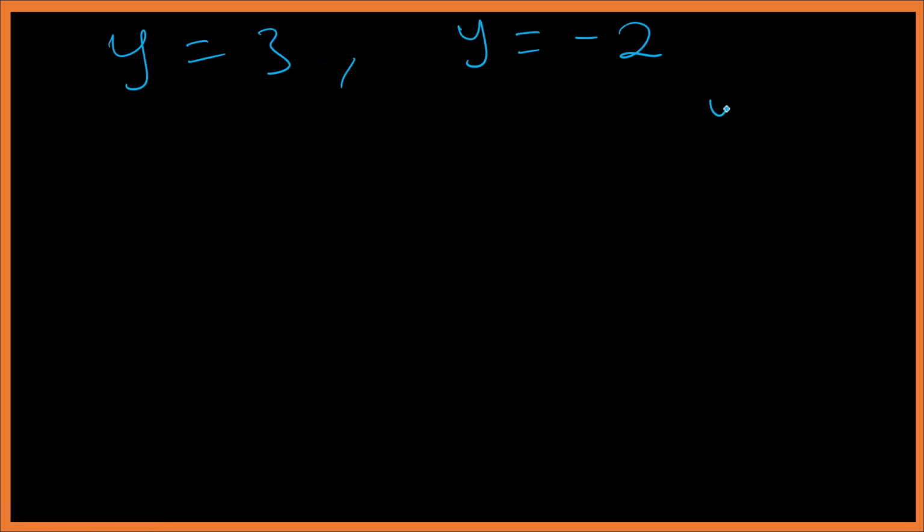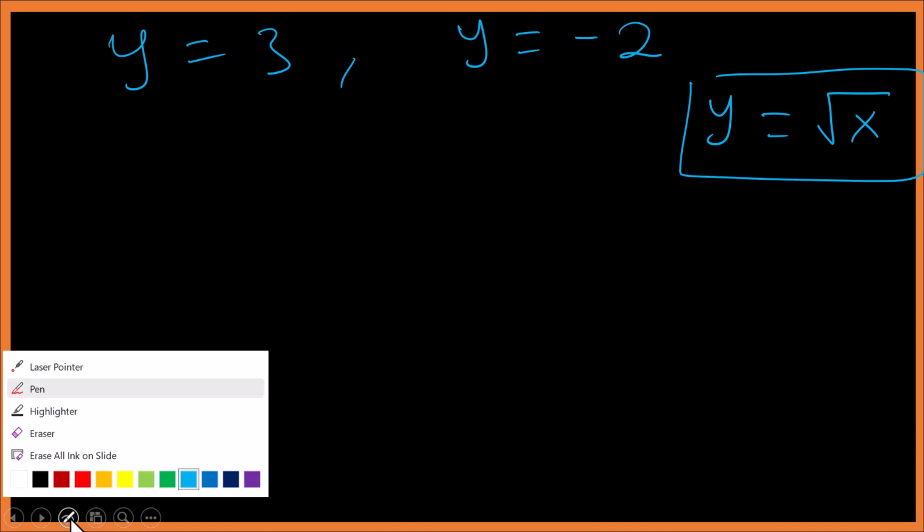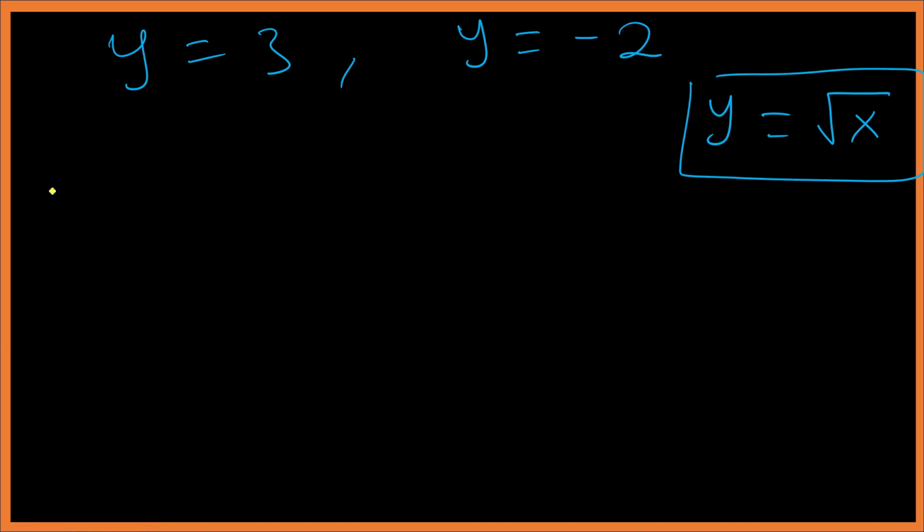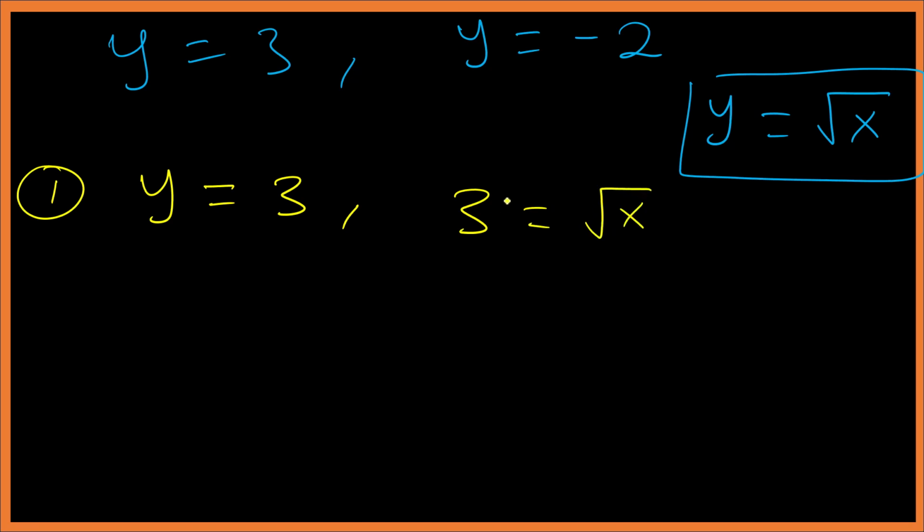y equals square root of x. Now, when y is 3, we have 3 equals square root of x. So square both sides: 9 equals x.